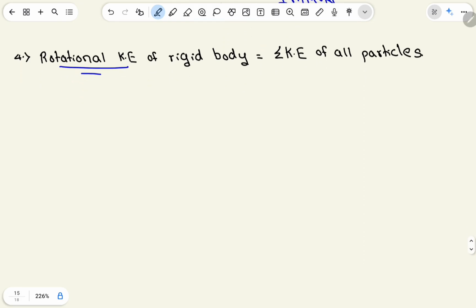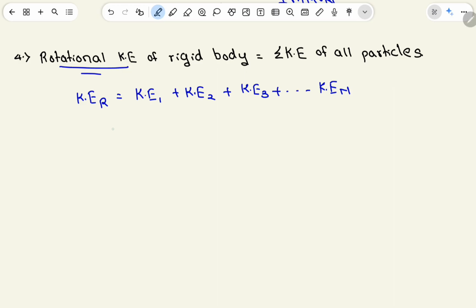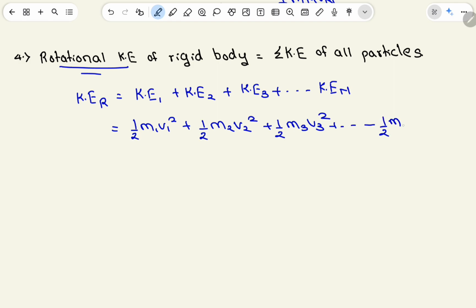So the rotational kinetic energy is the kinetic energy of the first particle, plus the second particle, plus the third particle, and so on up to the nth particle. If we plug in the values, we get half m1 v1 square plus half m2 v2 square plus half m3 v3 square and so on up to half mn vn square.